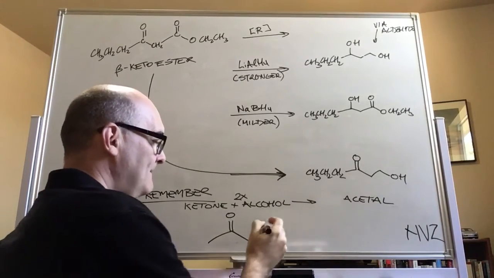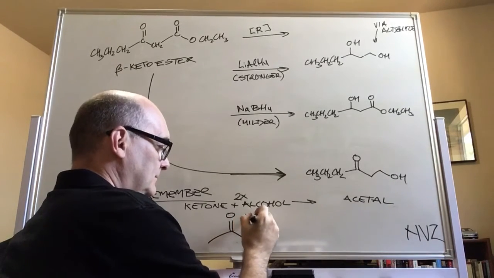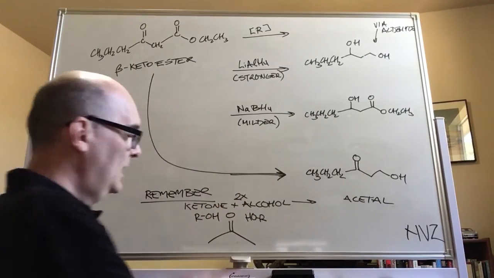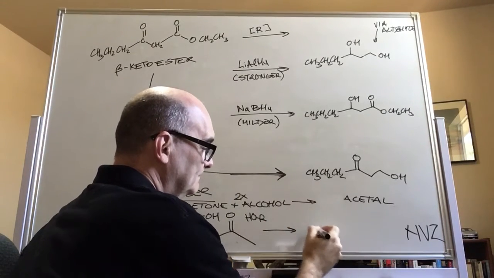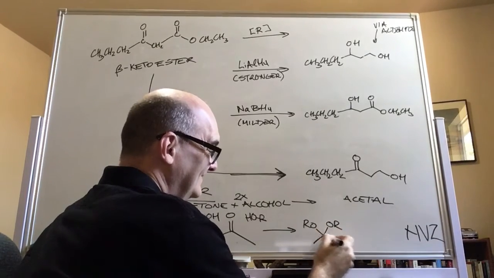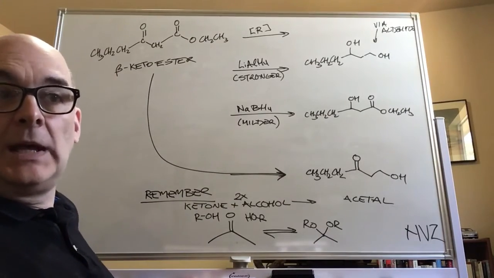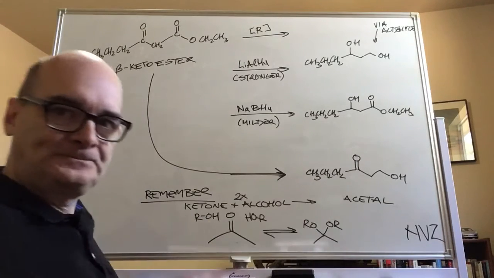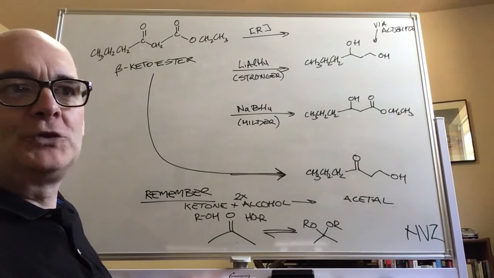So here's a ketone, and if I react that with two alcohols, then I make the acetal. And the acetal and the ketone that it was formed from are reversible. And here's the really good trick.